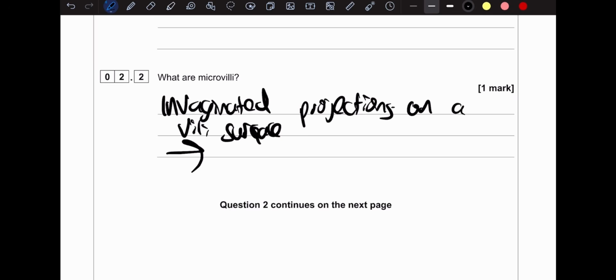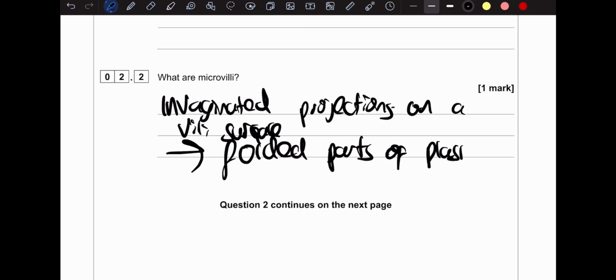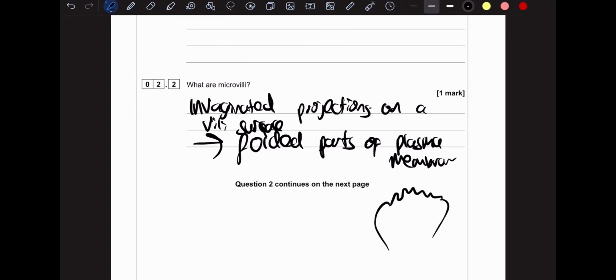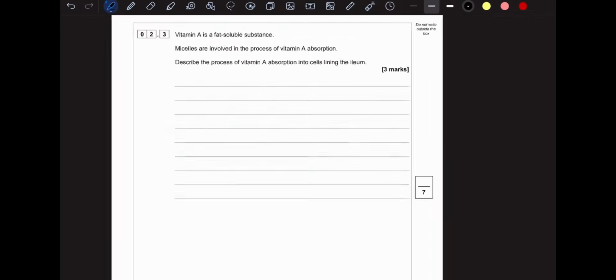How else could you say it? They're quite literally highly folded parts of a plasma membrane, right? That's what you're actually seeing. Those parts of a microvilli are just folds basically. So I think folded parts or invaginations in a plasma membrane, however you say it, quite an easy way to.